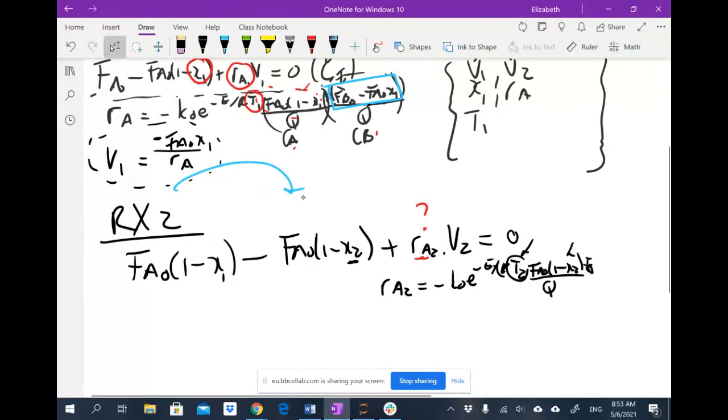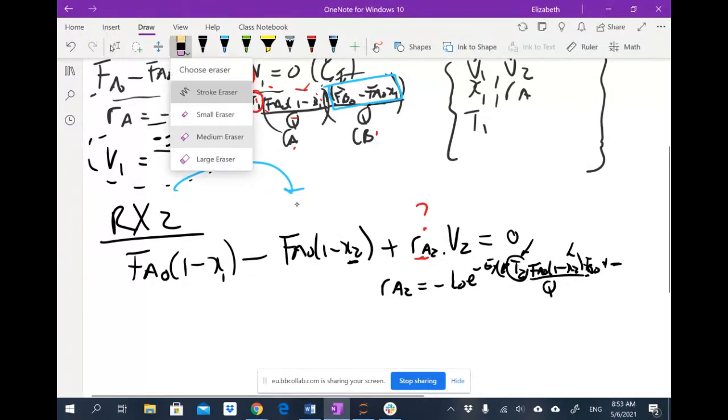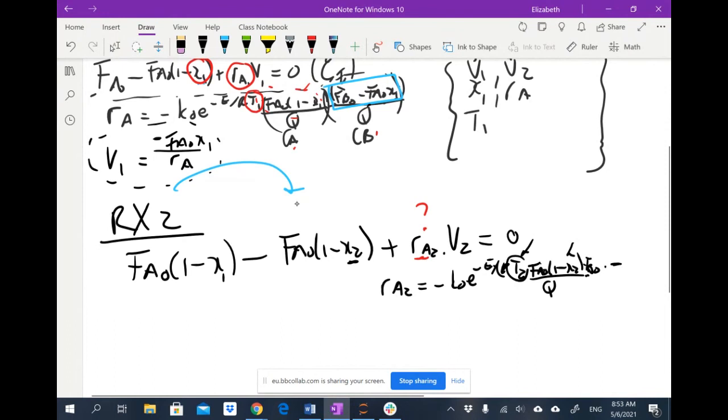And for B, I can also write it based on the inlet conditions. Sorry, that's a minus, almost a mistake there, let's just clarify that. Negative FA naught x divided by Q. Right, so that is my rate.